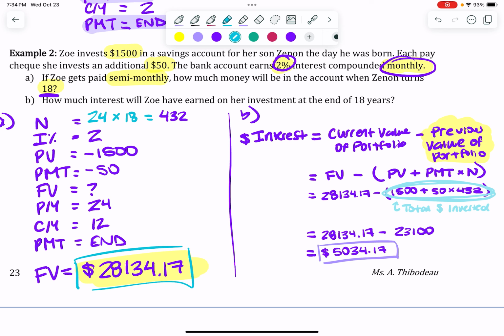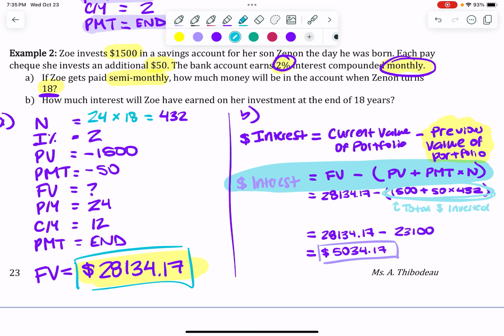And quite honestly, on my formula sheet or in my study sheet, I would very much want to write this down, right? It comes up quite a bit. It's worthwhile, even though it's something I could memorize, or just this is an understanding piece. My dollar amount of interest is the difference between how much I ended up with minus how much I invested, right? That extra money, where did it come from? It was the interest. But I would say it's worthwhile to include.